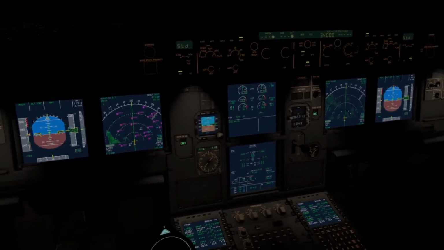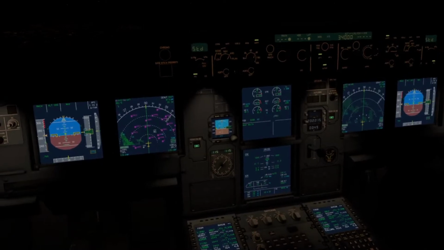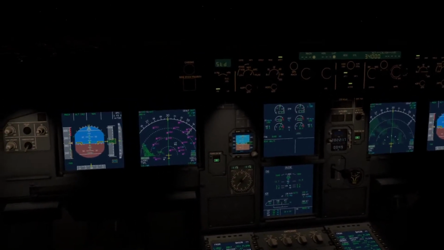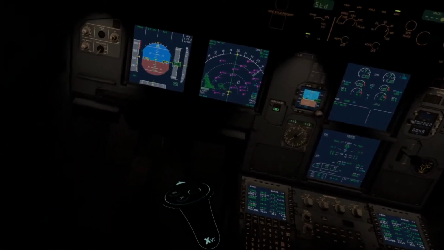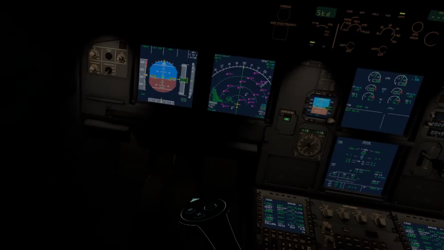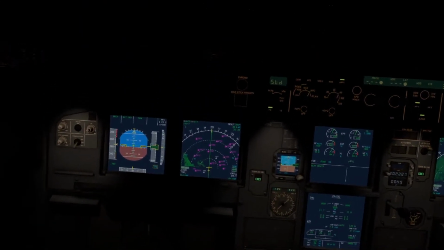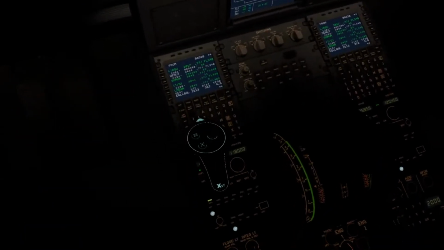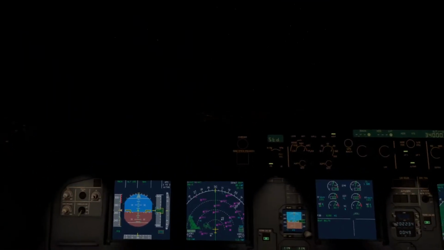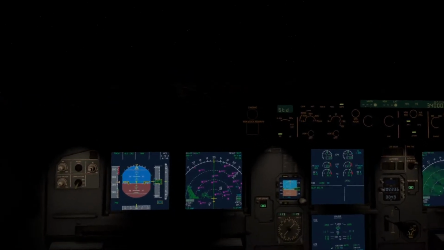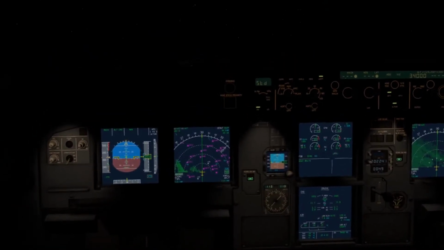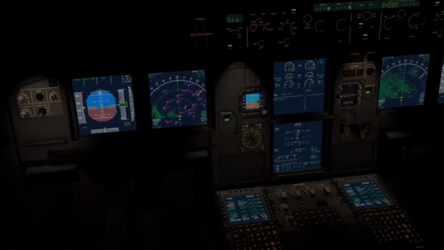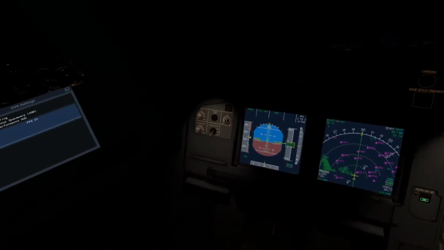So it's about 14 minutes till the Delta Echo November Uniform Tango waypoint we pass. Yeah, 159. So almost there. 50 minutes.